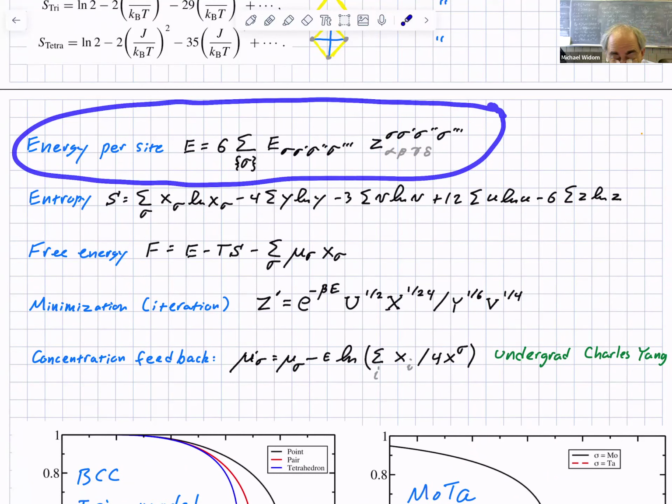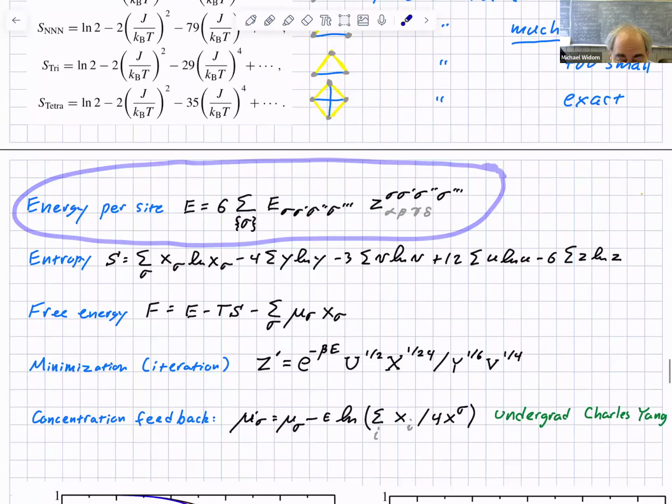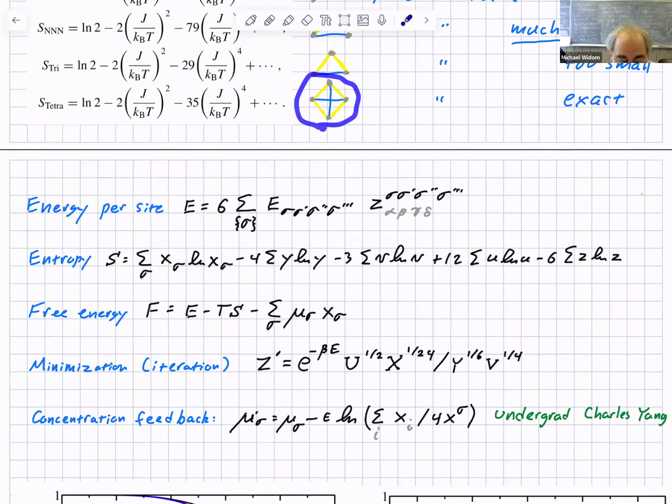For the energy in the 4-point case, you see that this allows nearest and next nearest neighbor interactions, 3-point and 4-point. So it includes every interaction that you can identify in here. And it also includes chemical potentials.